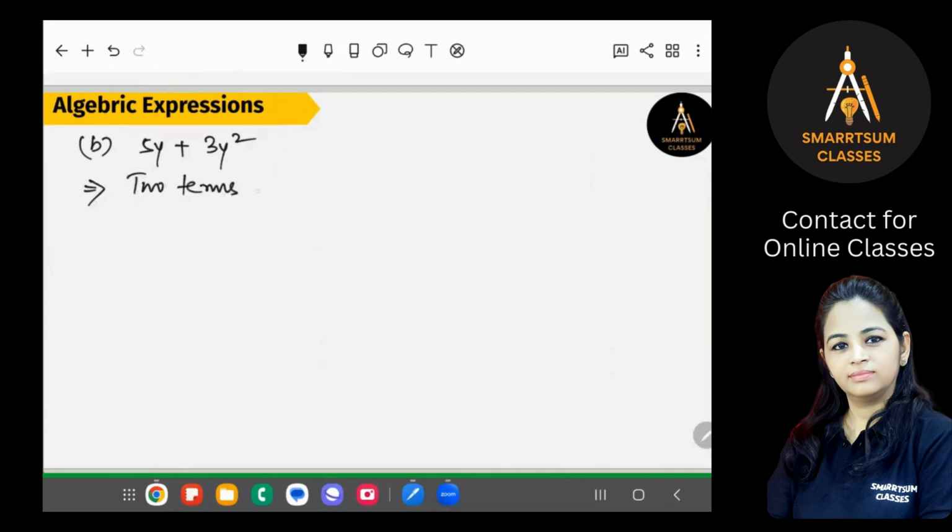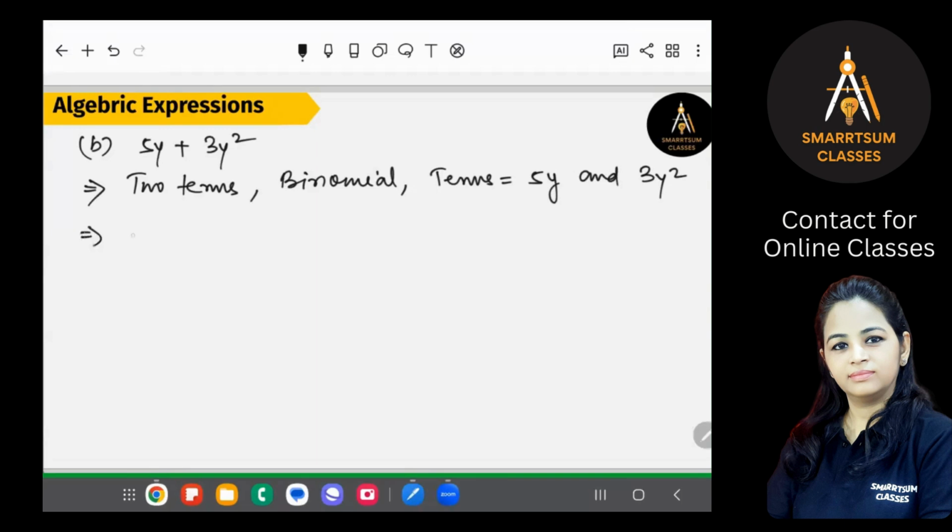That means it is a binomial algebraic expression. And what are the terms? Terms are 5y and 3y square. So this is a term and this is a term. Terms are always separated by addition or subtraction, as I told you earlier. So 5y and 3y square are the 2 terms of this binomial algebraic expression.